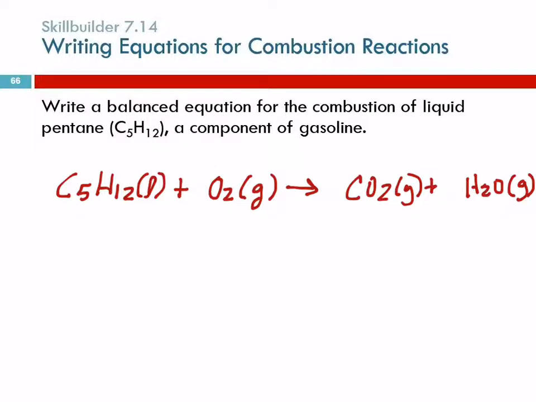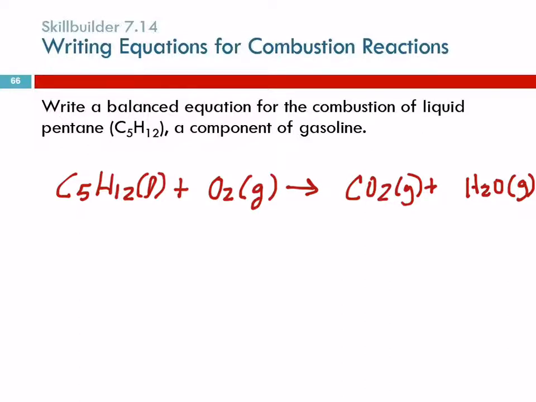When you're burning gas in the Bunsen burner or at home on the stove, do you see puddles of water forming? No, but water is being produced.